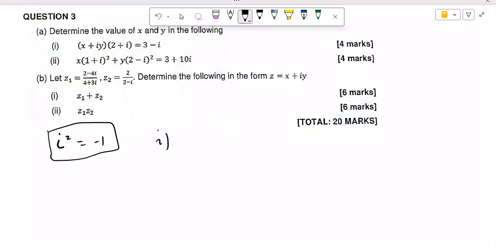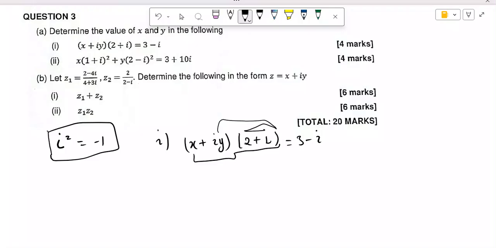So 1, you have x plus iy, open bracket 2 plus i, plus i equal to 3 minus i. So here we can decompose this by multiplying x with everything in here, then also multiplying y by everything in here.